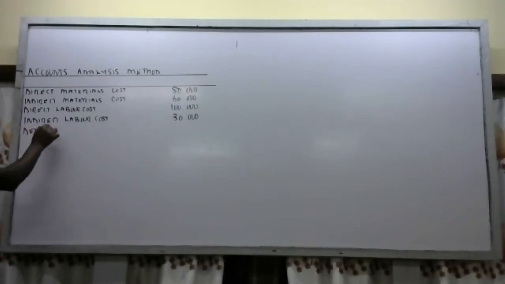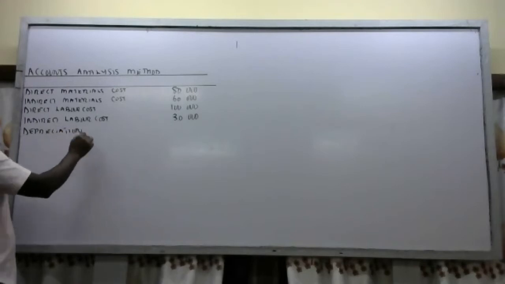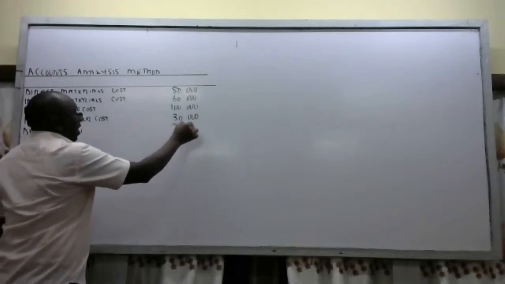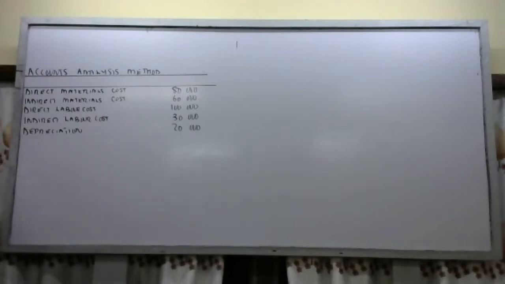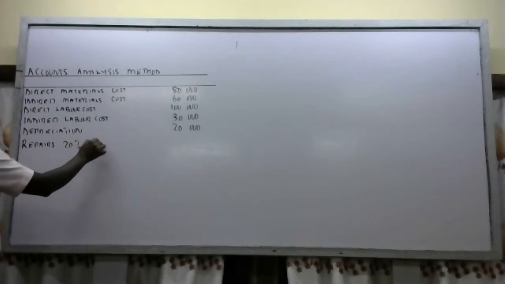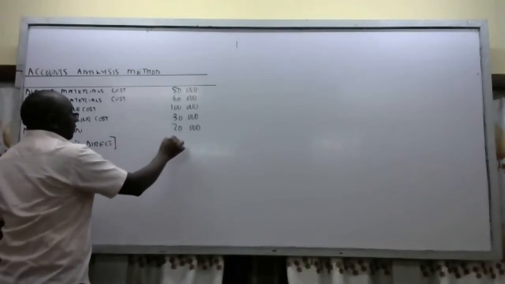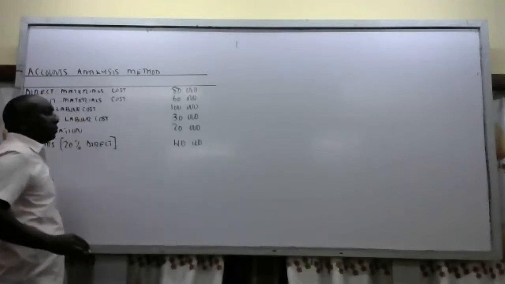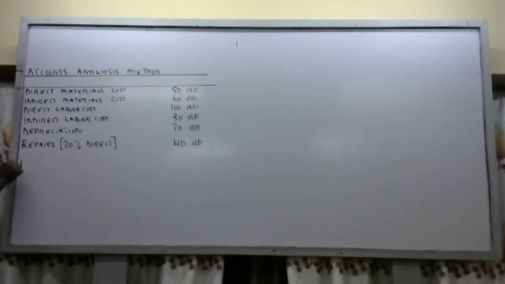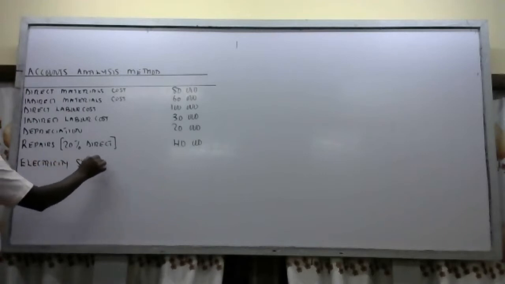Depreciation, 20,000. Repairs, which are 20% direct, 40,000. Electricity, 5,000 fixed, 21,000.